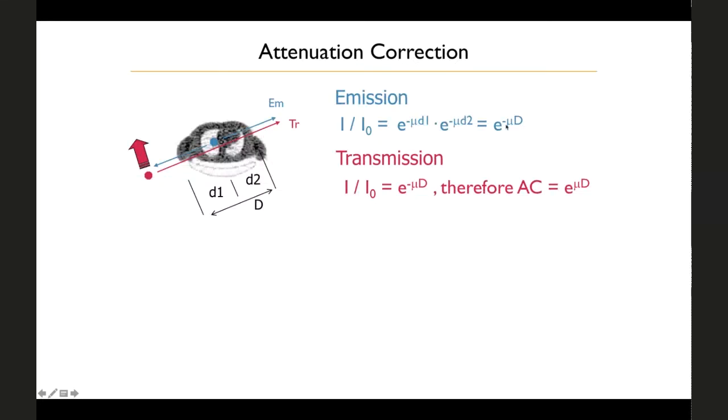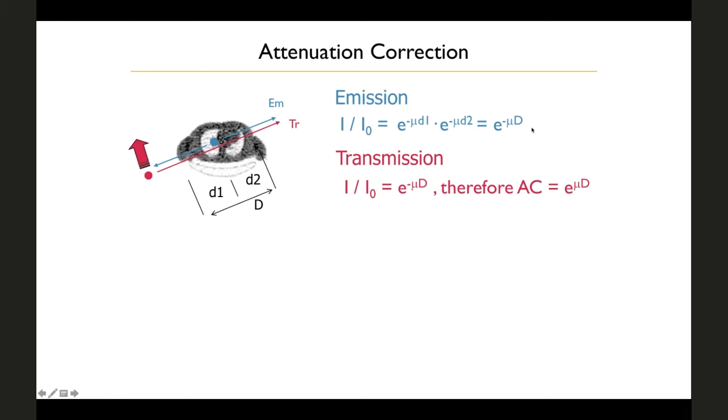So you can add those up, and actually what we need to know is simply the value for the entire distance through the patient, because those photons have to travel in both directions in order to reach the detector and be a coincidence event. So how can we measure this factor so that we can apply it?